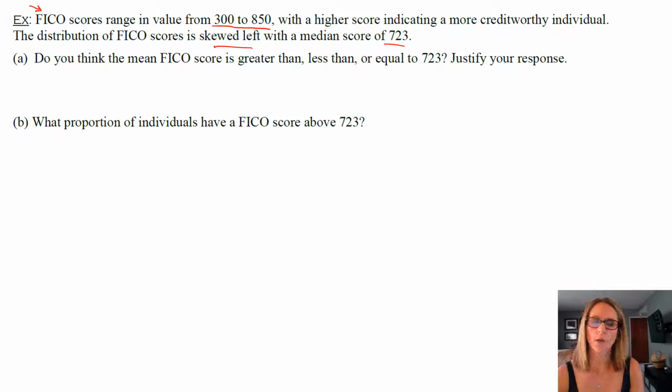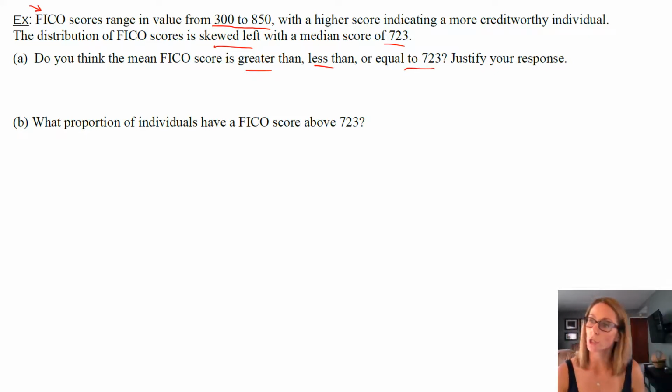A couple questions here. If you want to pause and take a moment and think about what the answers would be to these, that would be great. So do you think the mean FICO score is greater than, less than, or equal to 723?